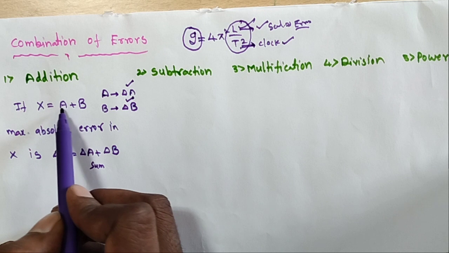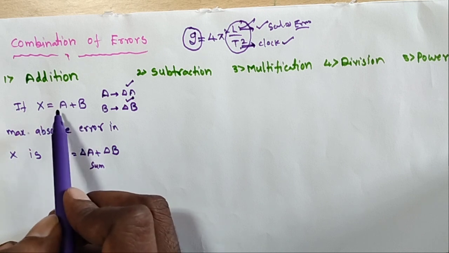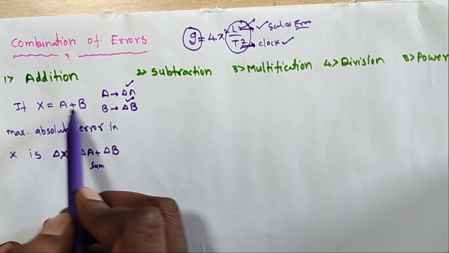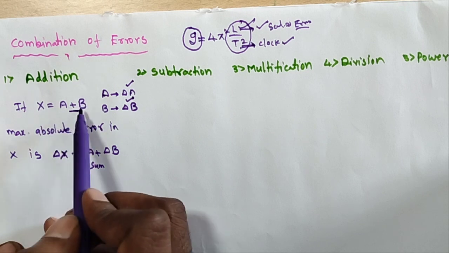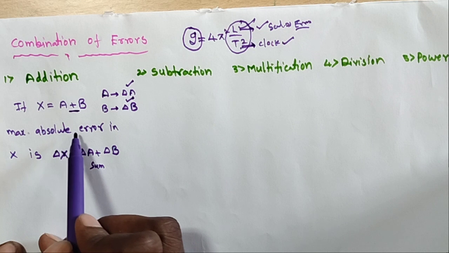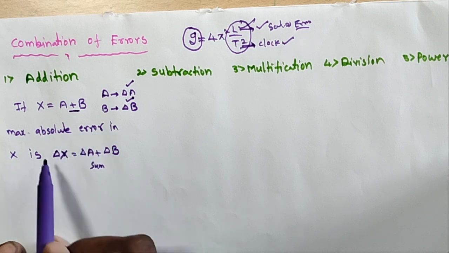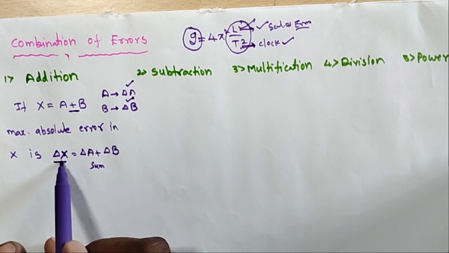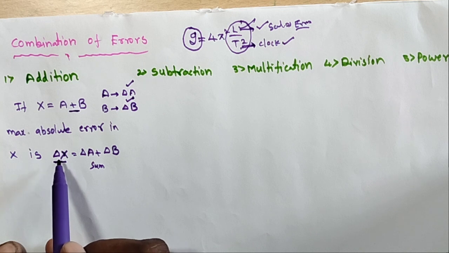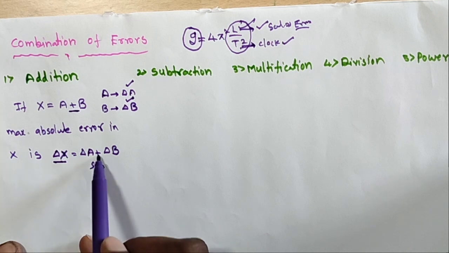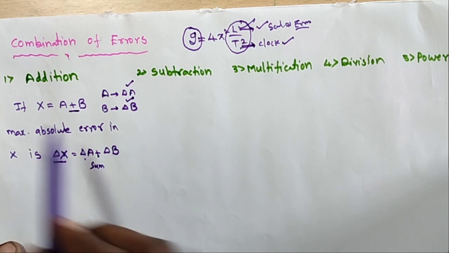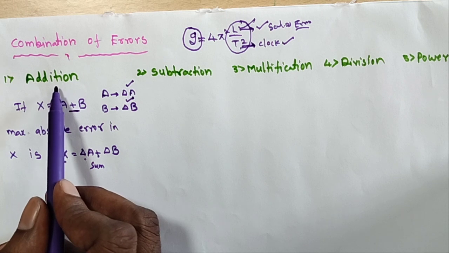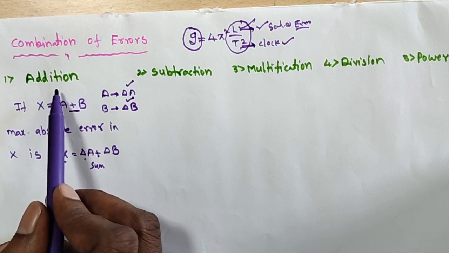When two quantities A and B are added, the maximum absolute error in the final result, delta X, is the sum of the individual absolute errors. So that is one of the properties, the addition property.